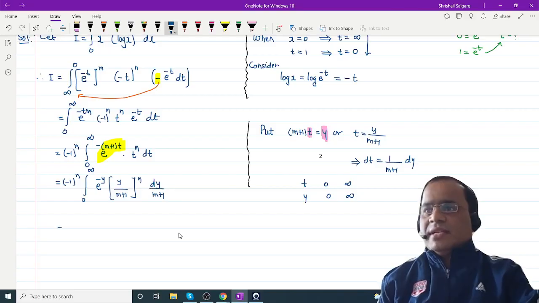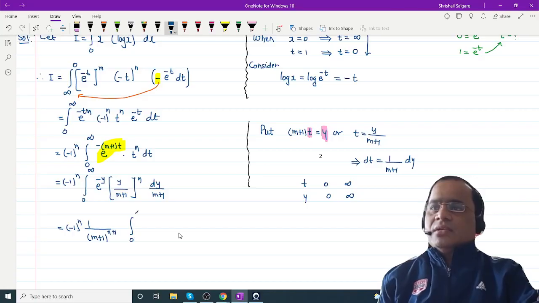So further it can be written as minus 1 raised to n, and I will take m plus 1 raised to n plus 1 outside. So 0 to infinity e raised to minus y, y raised to n dy.